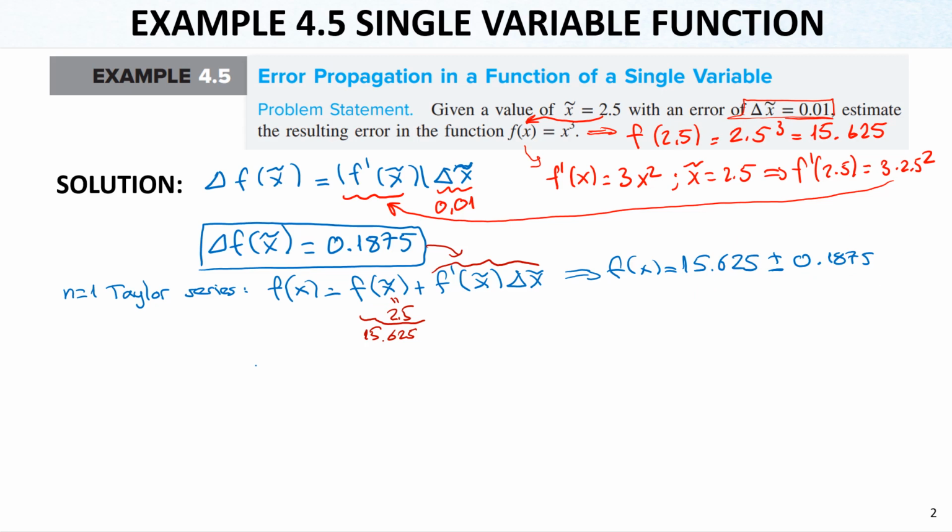Which means it is between, if we subtract the error, 15.4375, and if we add the error, 15.8125.